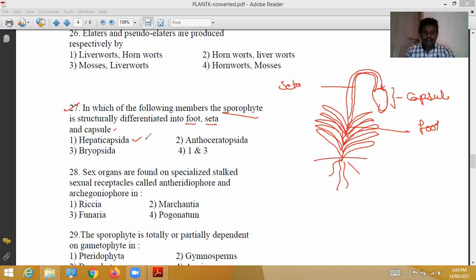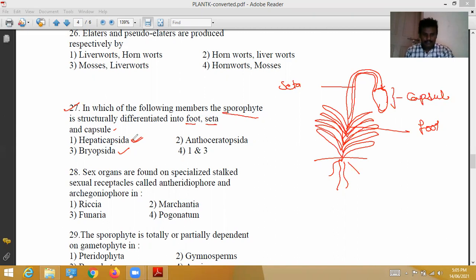So Bryophyta has two classes: one is Hepaticopsida and another one is Bryopsida. Hepaticopsida has liverworts, and Bryopsida has mosses.